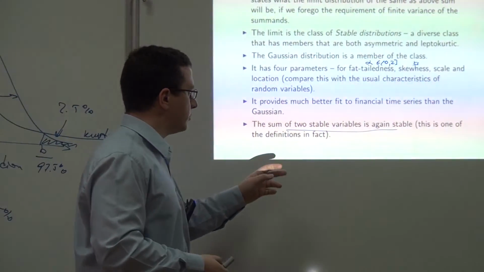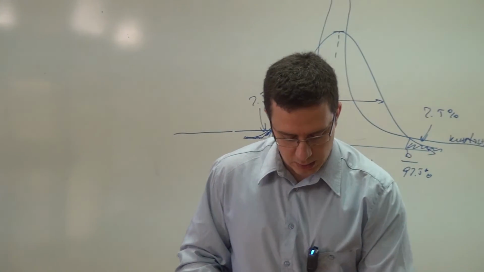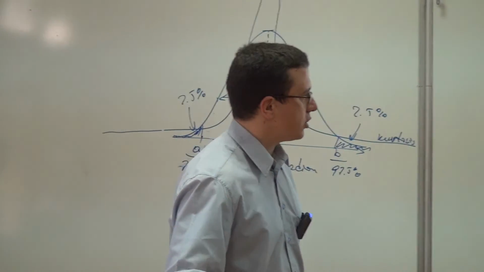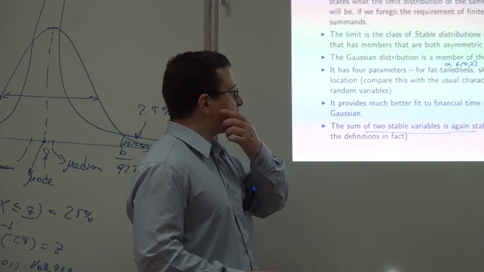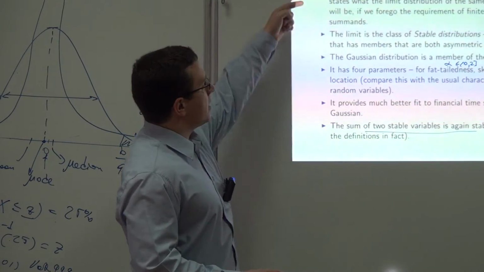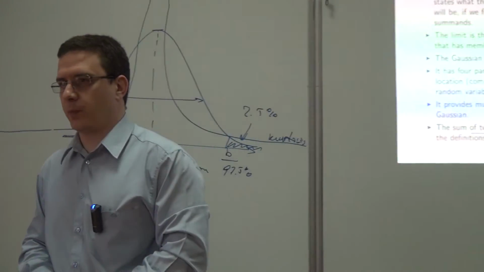Of course, you have to do some scaling and moving around to get the location and the scale correct, but it's not really that interesting. So the stable distribution basically provides a much better fit for the financial time series.